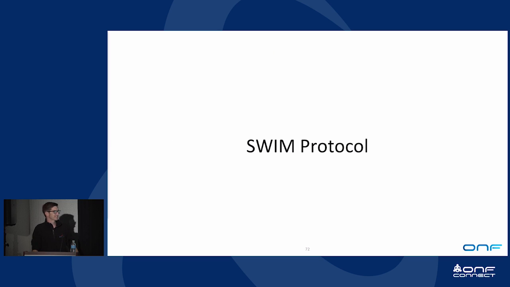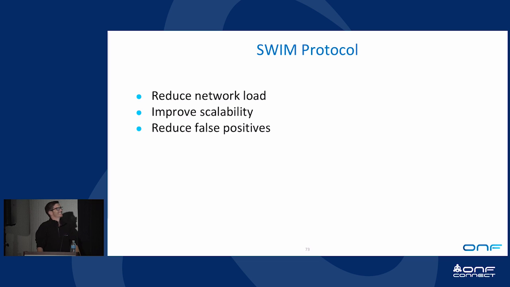The alternative to this that's implemented in Atomix 3 is the SWIM protocol. SWIM stands for Scalable, Weakly Consistent Infection Style Membership Protocol. I remembered that. The goal of this protocol is to reduce the load on the network, improve scalability, and reduce false positives, which are all the drawbacks of the other protocol.